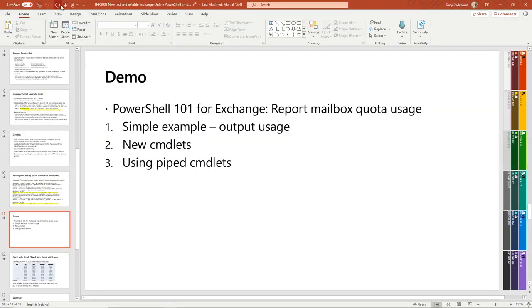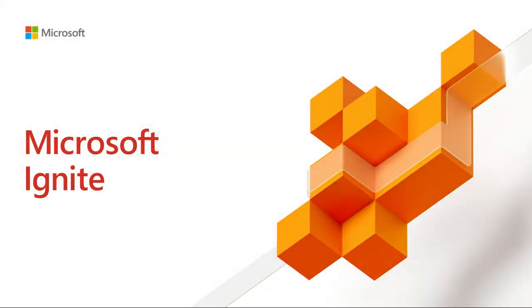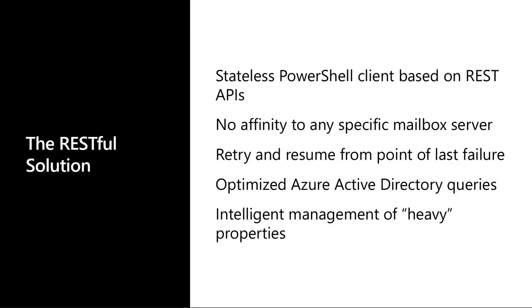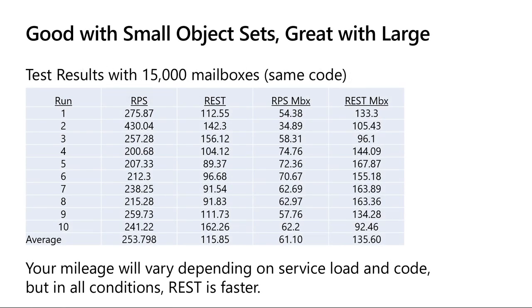So let's go back here. Again, I show you this one. I did a test with 15,000 mailboxes. Now, 15,000 mailboxes is an interesting one because in Exchange Online, you get mailboxes within a tenant, and they're distributed over a number of servers. You have no idea how many servers you have these mailboxes distributed over.